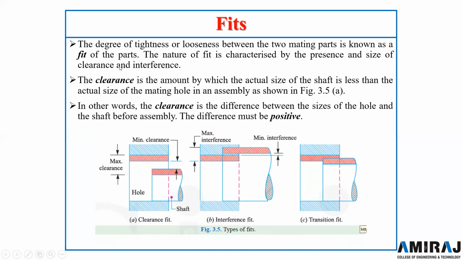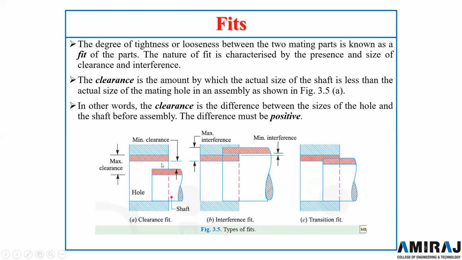Now, the nature of fit is characterized by the presence and size of clearance and interference. The term clearance is defined as the amount by which the actual size of the shaft is less than the actual size of the matching hole. Suppose this is the actual size of the shaft and here is the actual size of the hole, and we can see there is a clearance between them.